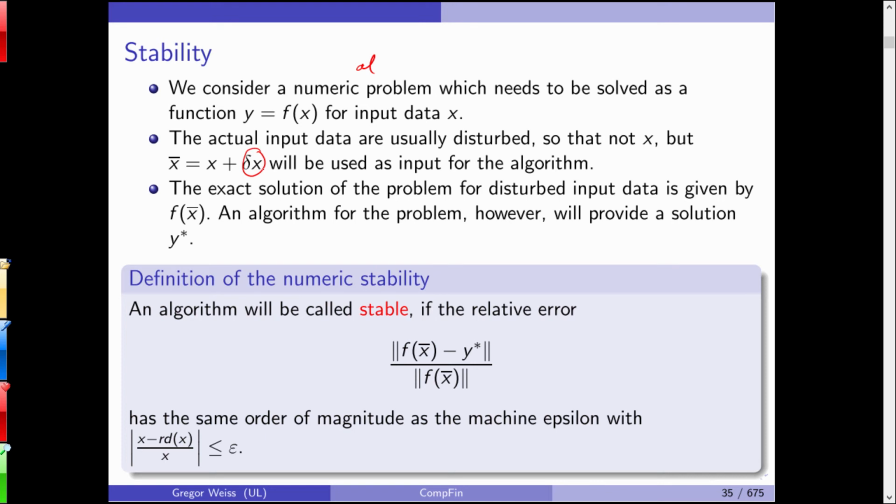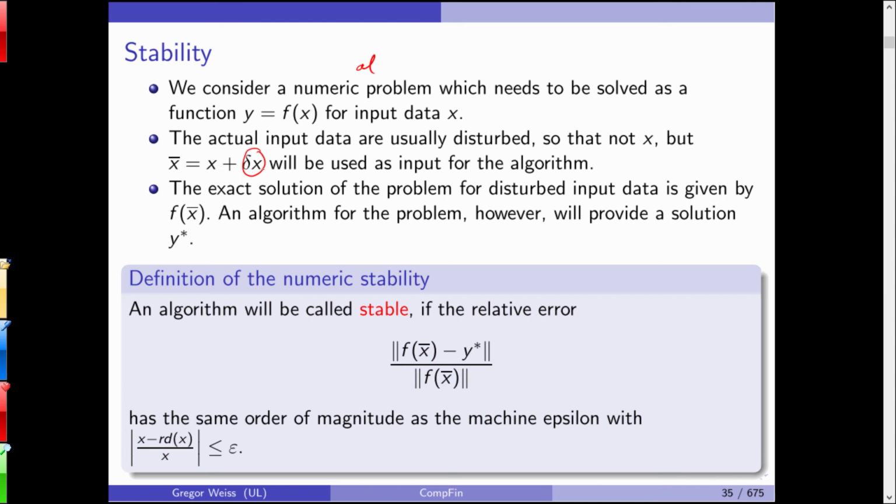The exact solution of the problem for disturbed input data is given by f of x bar. The algorithm, however, will only provide a solution y star. Now, why is that? You need to realize that there are actually two problems at work. First of all, you have an error in your input data, and if your algorithm is working properly, it will use the disturbed data and give you a result.